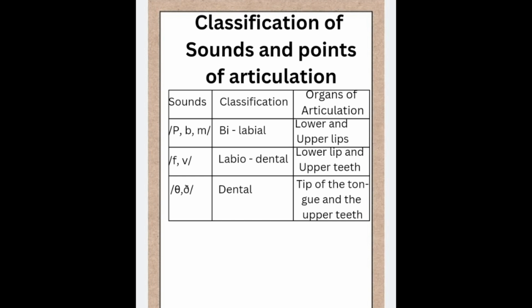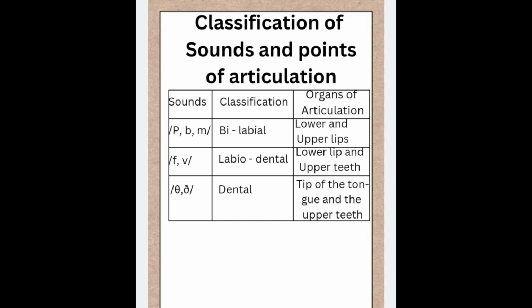The first sounds on the table here are B and M. They are classified as bilabial sounds. That means the upper lip and the lower lip are involved in the articulation of these sounds.